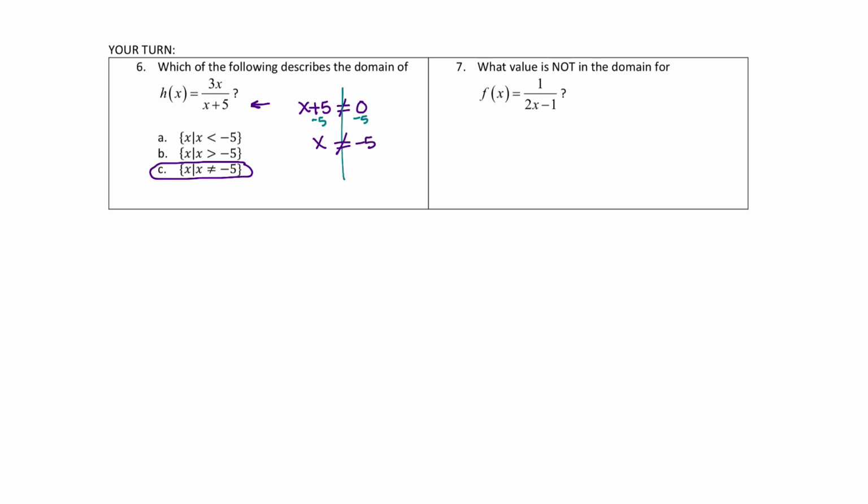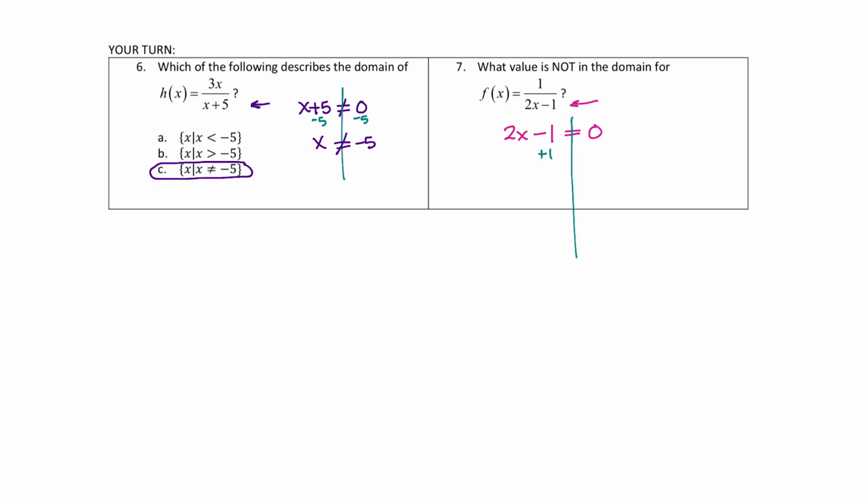Okay, number 7. We are looking at the denominator because there's a variable in it. The top could be anything. All we care about is the bottom. So we're going to say 2x minus 1 equals 0 because that's where the problem happens. And now let's solve it.